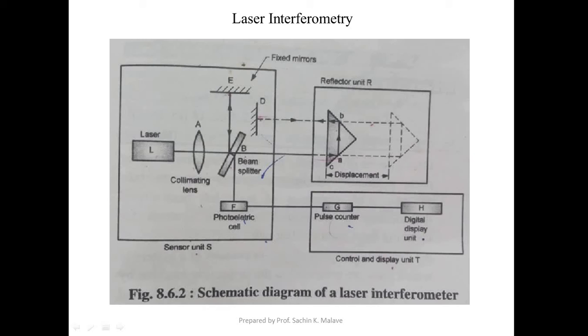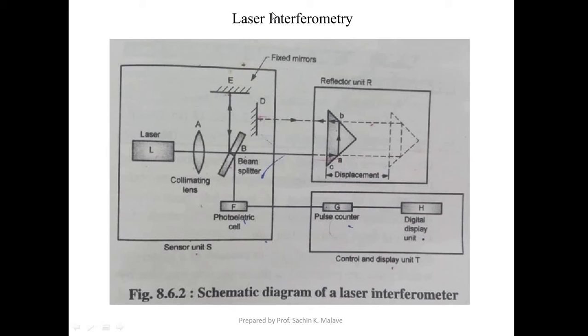So similar to the principle of interference of light, in the interferometers we have seen, that is NPL, flatness, gauge length interferometer, everywhere the source of the light was a monochromatic source, or mercury, cadmium, krypton 86.